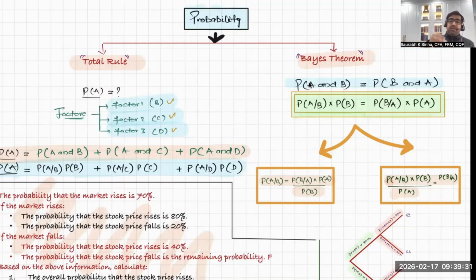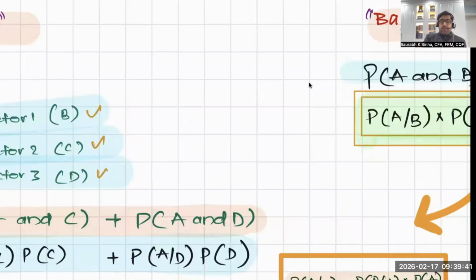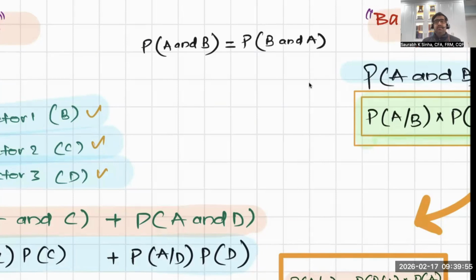Okay, so we're trying to derive Bayes theorem. Let's write it down. If I ask what is the probability of A and B happening simultaneously, this is equal to the probability of B and A happening simultaneously, because it is simply asking for the probability of A and B happening simultaneously.